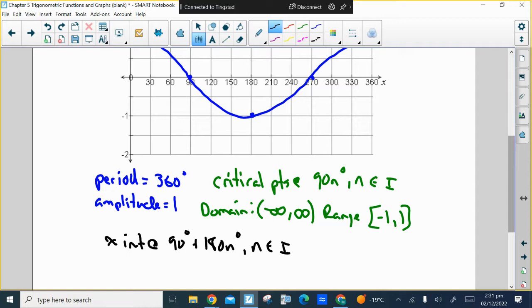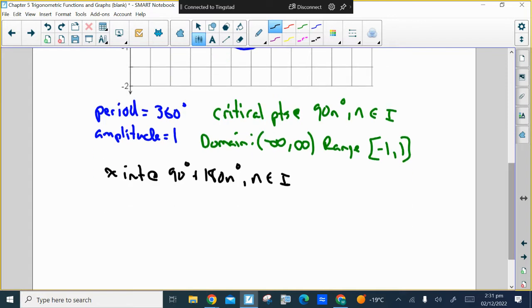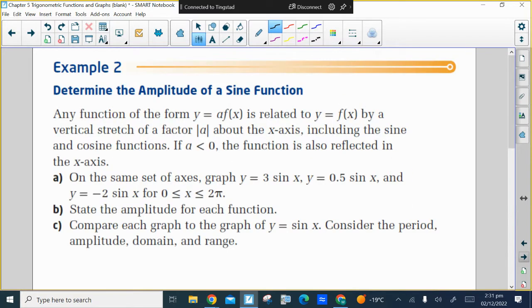So whenever we're graphing a cosine function, we're going to start with this base graph and do transformations on it. So we've talked about amplitude. It's the distance from the middle to the max or the middle to the low. But it says here, any function of the form y equals a times f of x is related to y equals f of x by a vertical stretch by a factor of the absolute value of a.